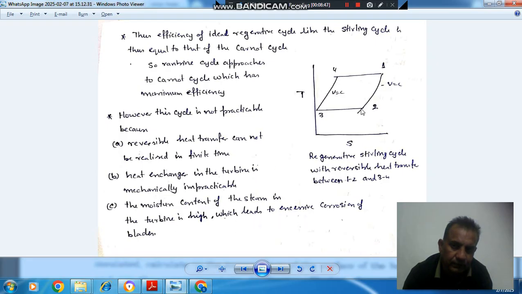At the exit the moisture content is high, so it leads to corrosion. That's why this ideal regenerative cycle is not used. A feed pump is used, but this cycle is not used. But that is the main principle.